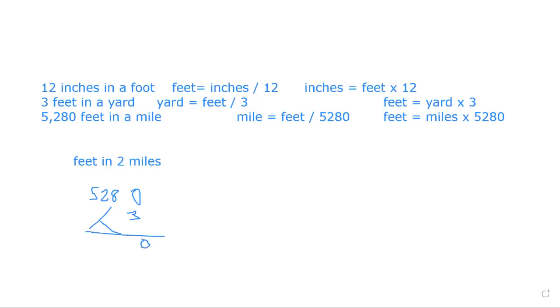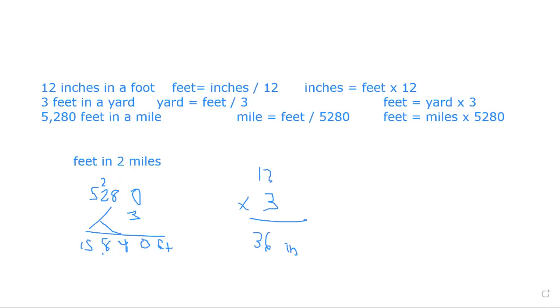So it's a 0, a 4, carry my 2, 6 plus the 2 is 8, 15,840 feet. If I want to know how many inches in 3 feet, I'd go 12 times 3, which is 36. Notice there are no exponents because length is a one-dimensional measurement.